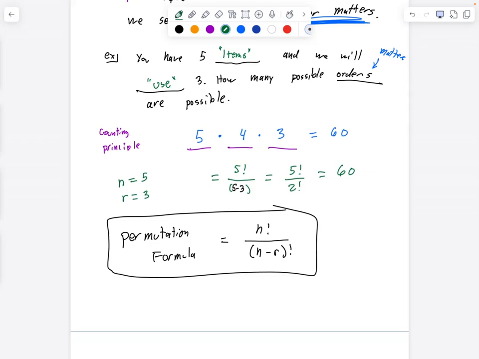Now there's 2 ways to do it. I could use the formula that I just learned. So my answer would be 6 factorial over what? 4 factorial, because it's 6 minus 2 factorial. So it would be 6 factorial over 4 factorial.